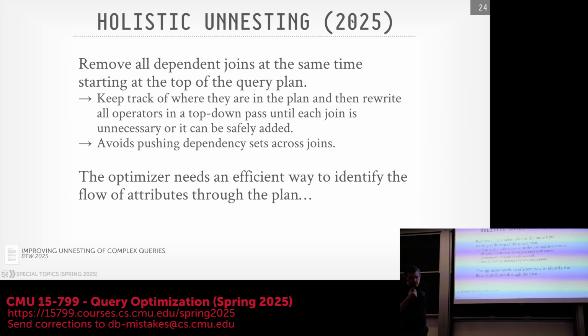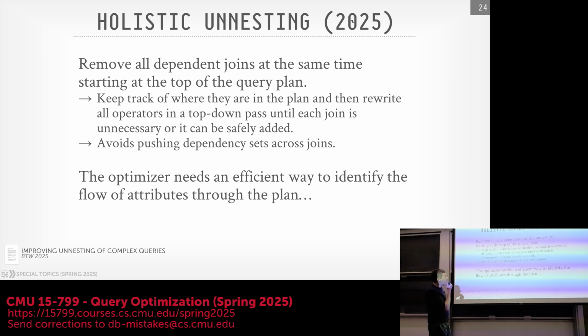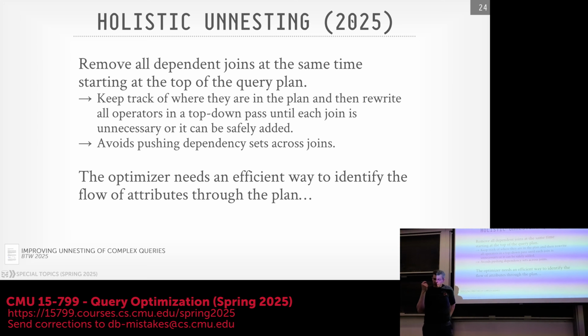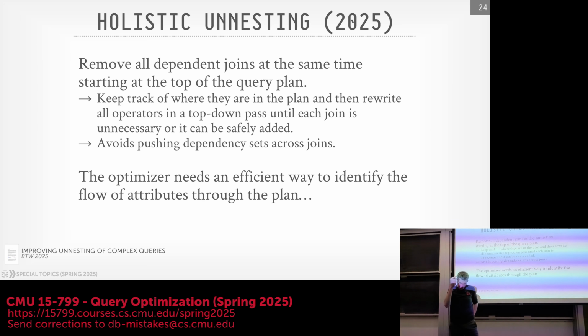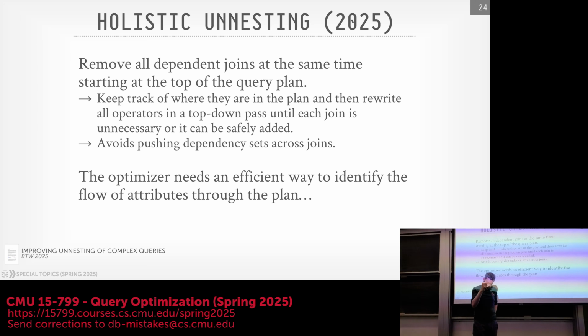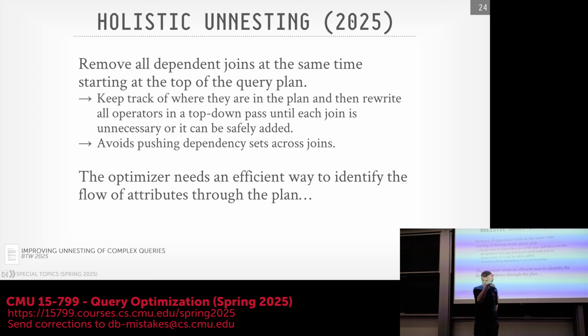The paper you read was the 2025 edition of the dependent join elimination algorithm that I just showed. The key difference is that the 2015 version went bottom to top, removing one dependent join at a time.